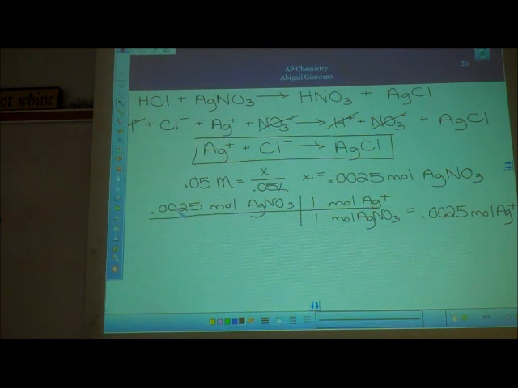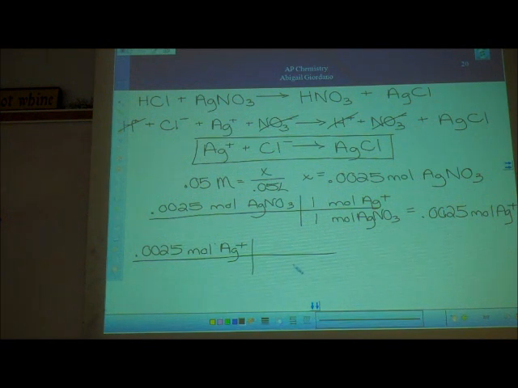Listen, this is the only part of this problem where I'm actually doing stoichiometry, right here. And it's only one step. Here's my given. Stoichiometry means you're using that chemical equation that you have, moles of one of the reactants to moles of the other.